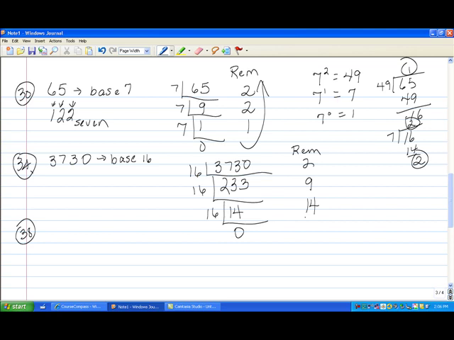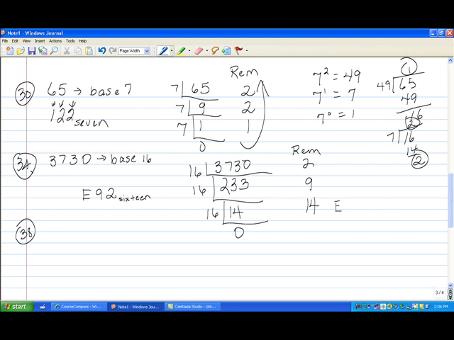Okay, I copied the problem wrong, so based on what I'm getting, A is 10, B is 11, C is 12, D is 13, E is 14, so that's equivalent to an E. So we're getting E, 9, 2, base 16.